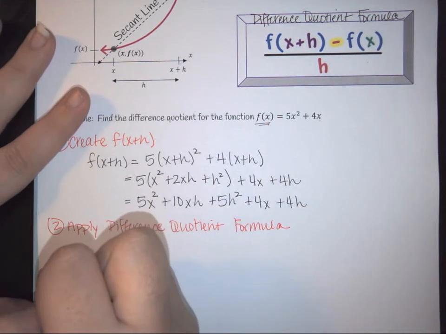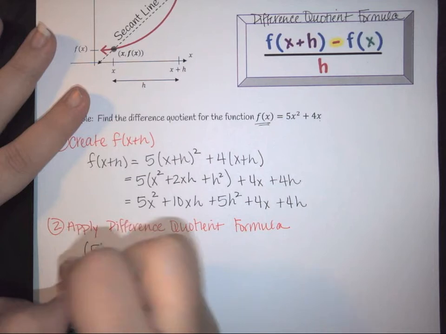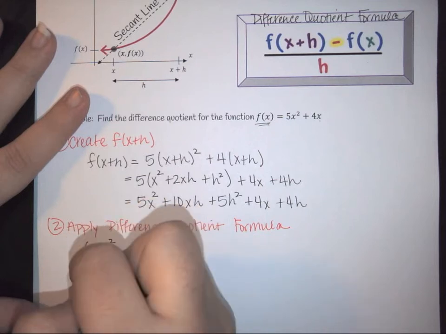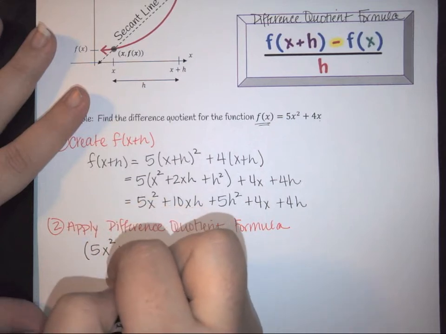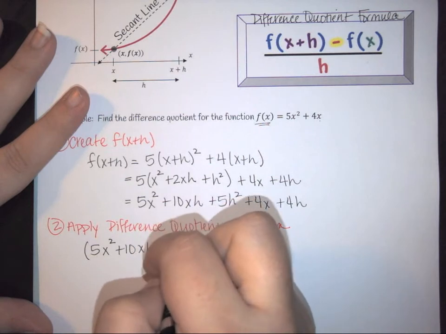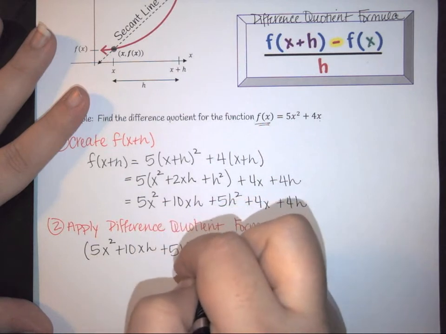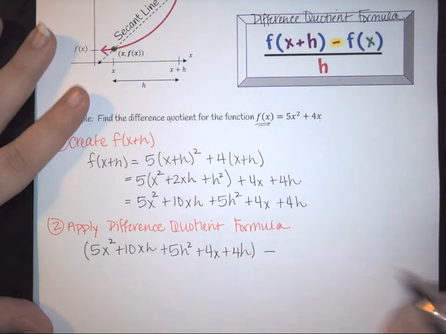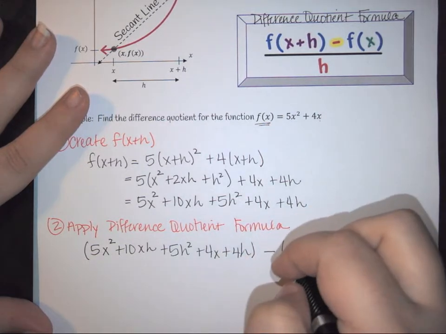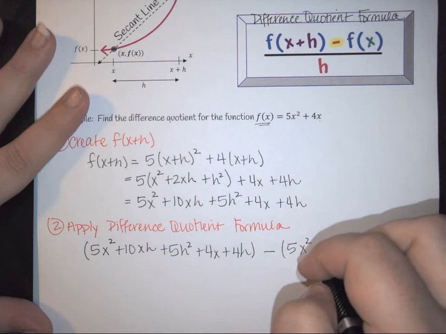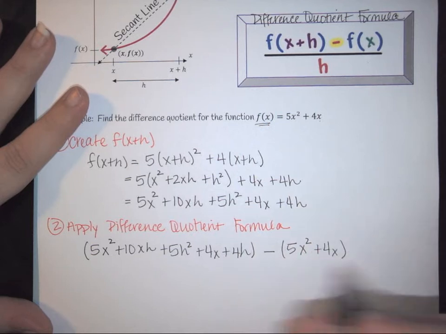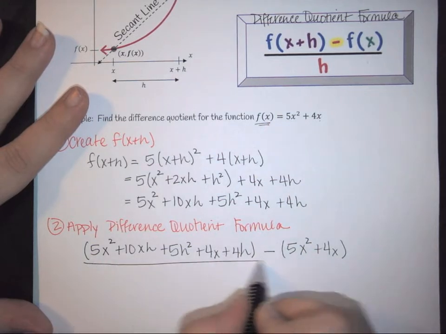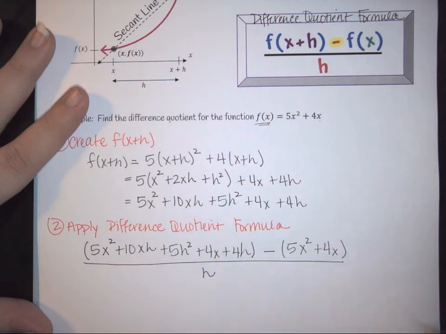So here we are going to have 5x squared plus that 10xh plus the 5h squared plus that 4x plus the 4h. We are going to subtract away that 5x squared plus the 4x, and then we are going to divide this whole thing by h.